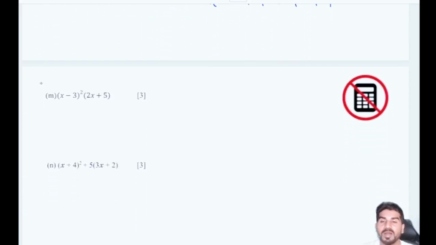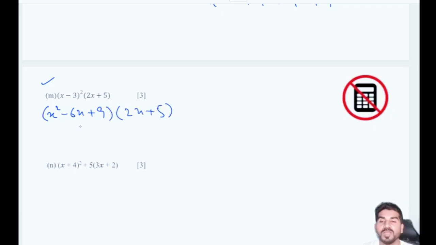Now you can see part M here, x minus 3 whole square times 2x plus 5. First we need to open this formula again, x minus 3 whole square. It will be x square minus 2 times 3 times x plus 9. By using the formula a square minus 2ab plus b square, it will be x square minus 6x plus 9, and there will be 2x plus 5.